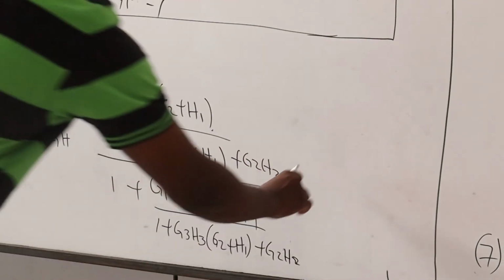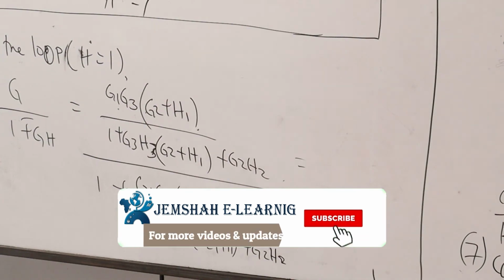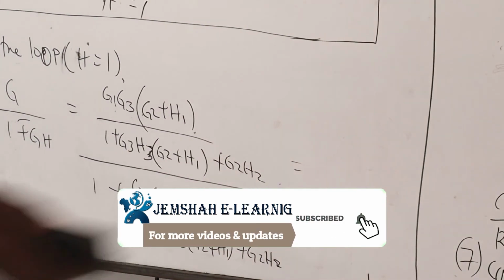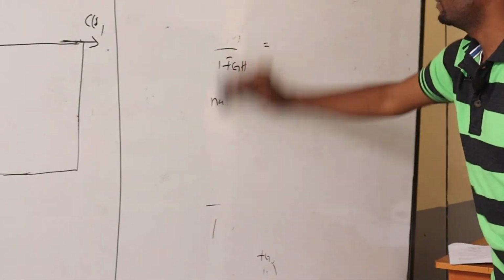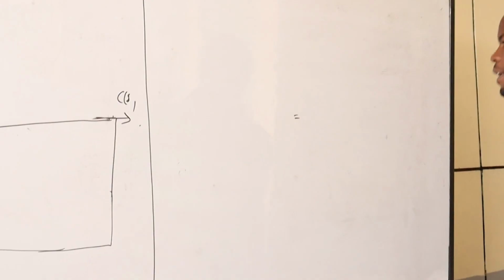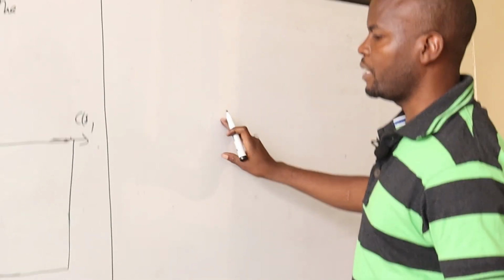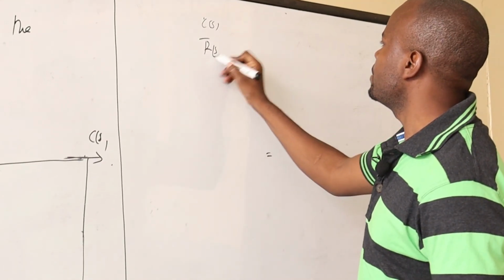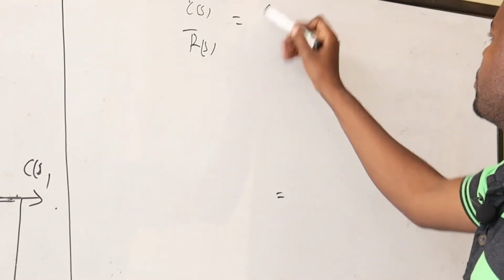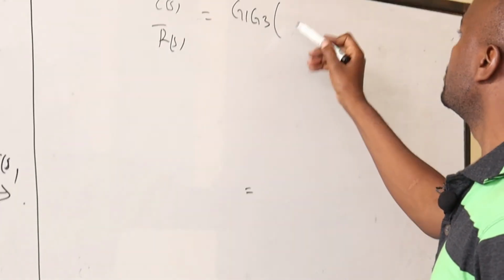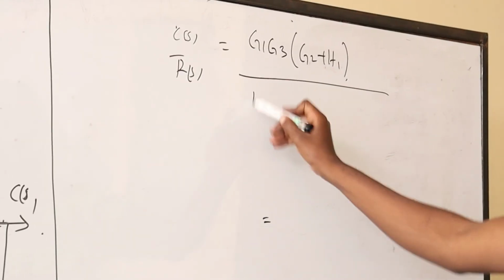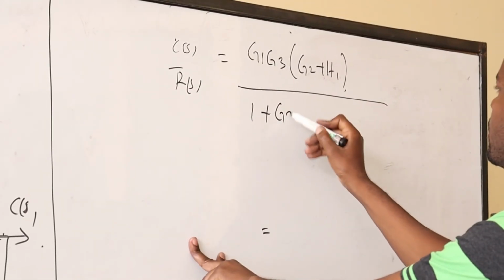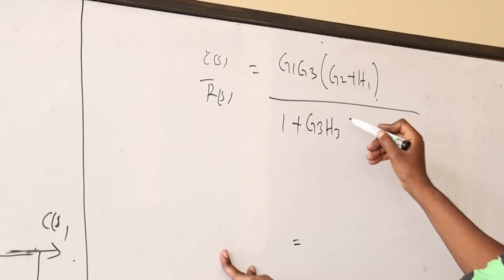If you simplify this, then C of S over R of S is going to be G1 G3 into G2 plus H1 all over 1 plus G3H3 into G2 plus H1.